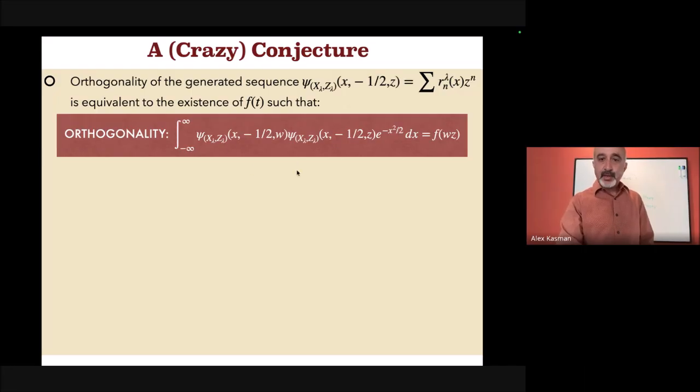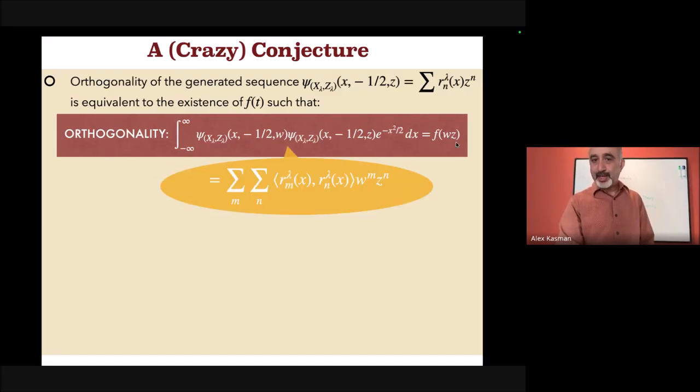If you take two copies of that generating function, one with a variable z that you're expanding in, and the other one, just call it something else, like w, then if you plug those into the inner product, orthogonality corresponds to saying that the result you get is dependent just on the product of those two variables, w and z, not f of w comma z. It doesn't depend on the two variables. It depends on their product.